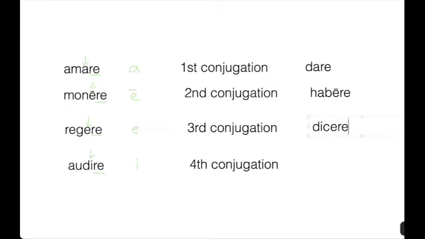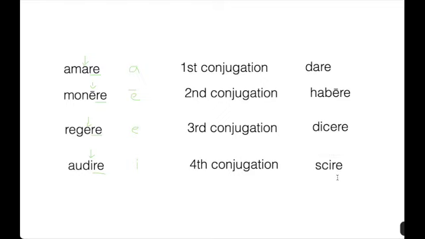This means to speak. So dare means to give. Habere means to have. Dicere means to speak. Again, we have a short E in front of the RE. And another example of a fourth conjugation verb would be scire. So we have an I before the RE. And scire means to know.